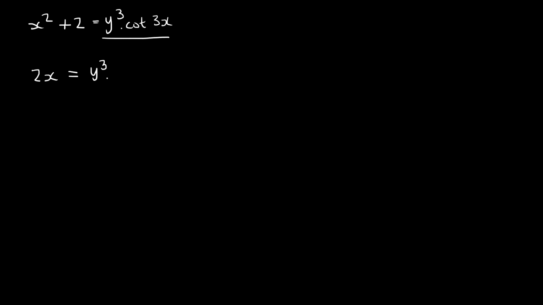The derivative of cot is negative cosec squared, but we have 3x here, so it will be negative 3 cosec squared 3x. Then plus, now we start with cot. Now we derive y.